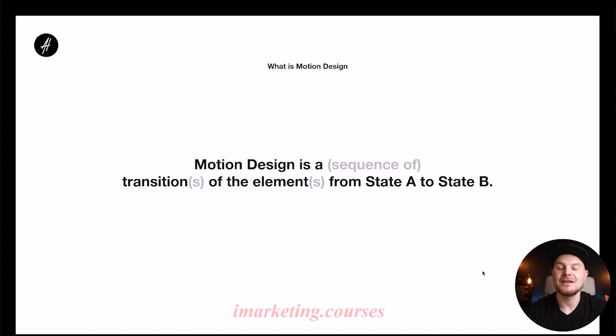What is motion design? Motion design is a sequence of transitions of the elements from state A to state B. This is as simple as that. Motion design is a transition of the element from state A to state B. Think about it.